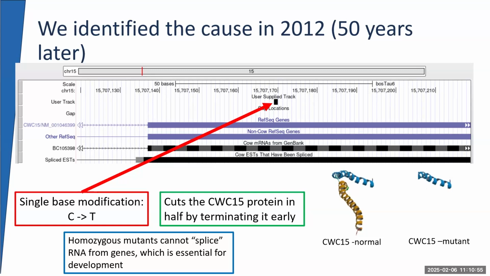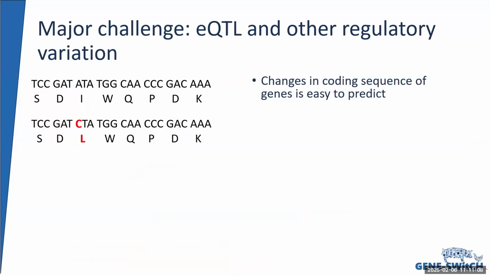We need a system to predict these more frequently. When we're dealing with coding sequence, it was quite easy to identify this loss of function as a major effect. The reason for this is that we can predict, based on known rules in coding sequence, how a mutation will affect the translation of a protein product from a gene.